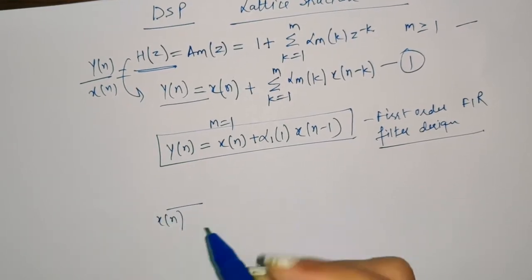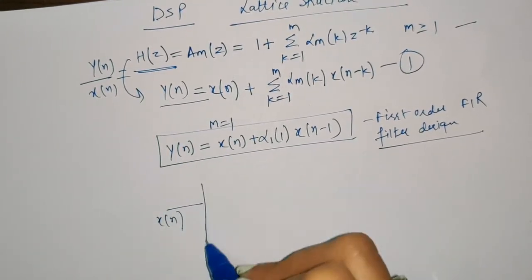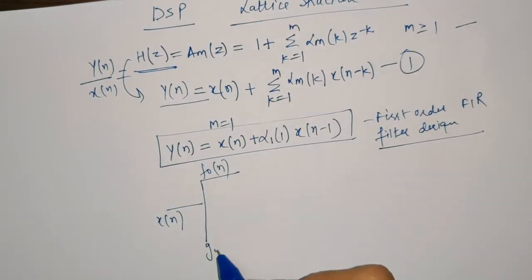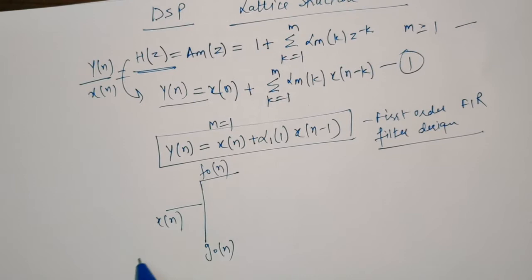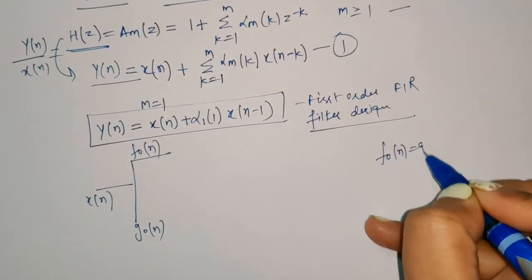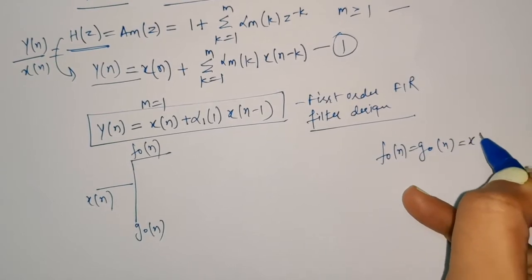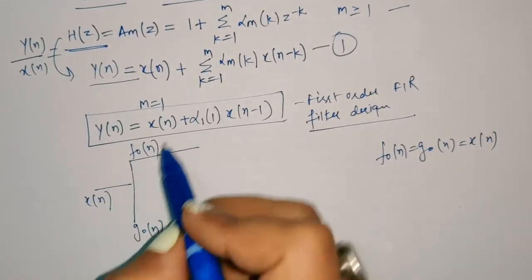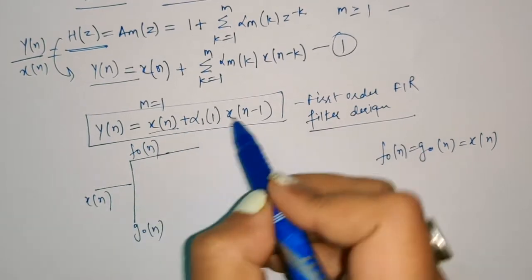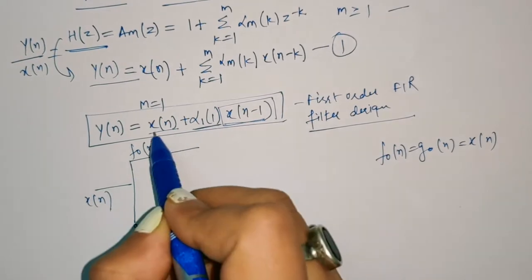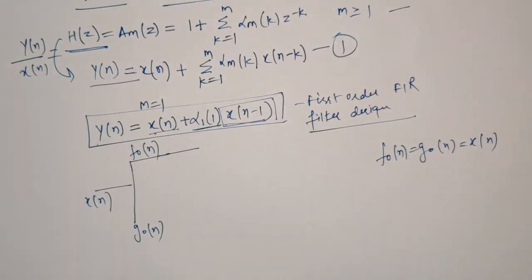Here we have our input x(n), and it has 2 segments, f0(n) and g0(n), and basically this f0(n) and g0(n) is nothing but x(n) only. What we are going to do is add a delayed version of x(n), multiplied by a coefficient, to x(n) only, and then we'll get the y.